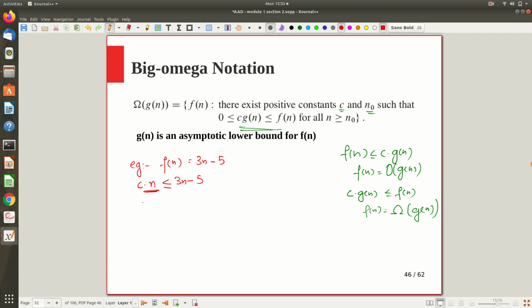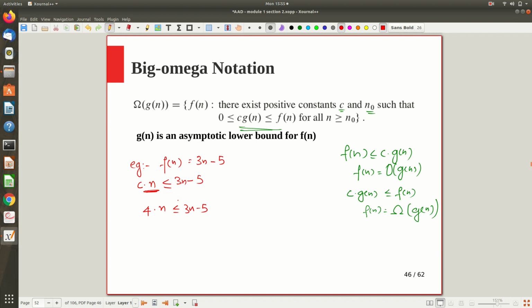So what c can I assume? Can I assume a value for c like 4 into n less than or equal to 3n minus 5? Because this is going to be greater for larger values of n. Say n is equal to 10, simply we can take: here it is 40, here it is 30 minus 5.